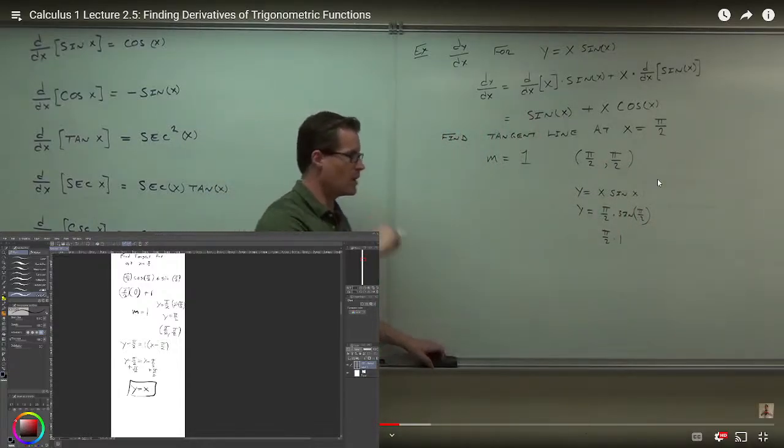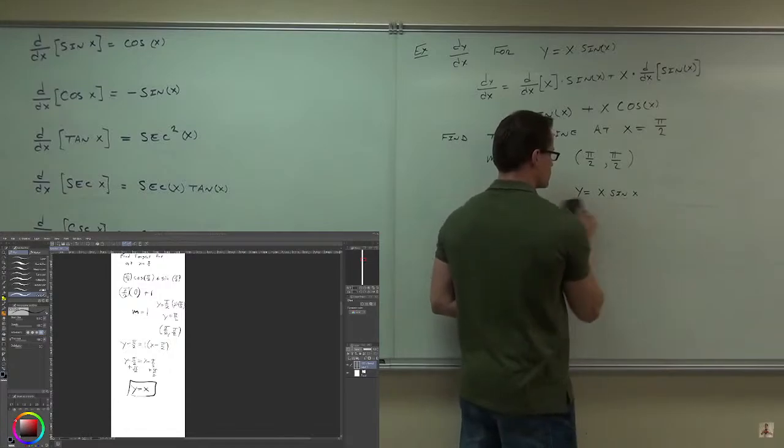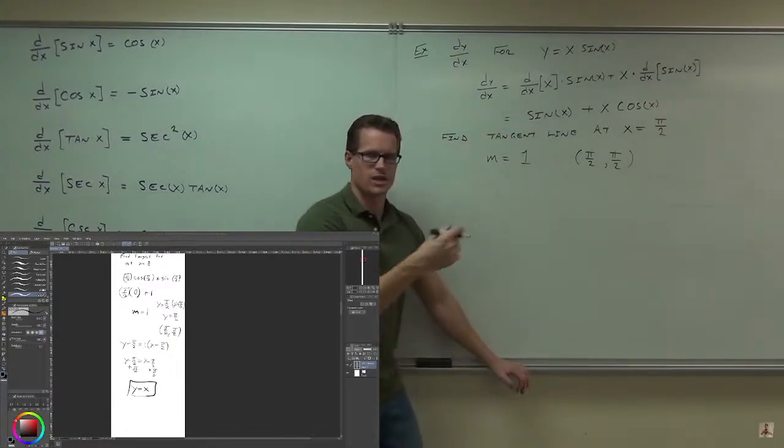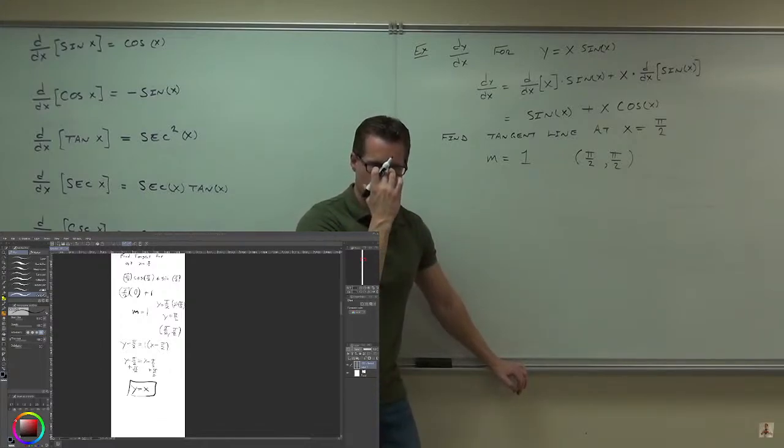Now we have a point and slope. Now go ahead and use y minus y1 equals m times x minus x1 to figure that out.